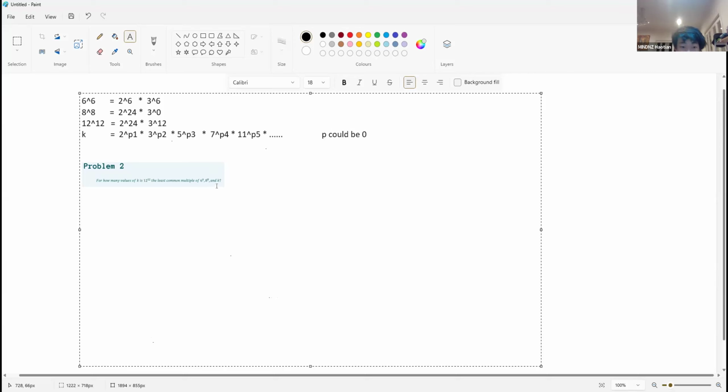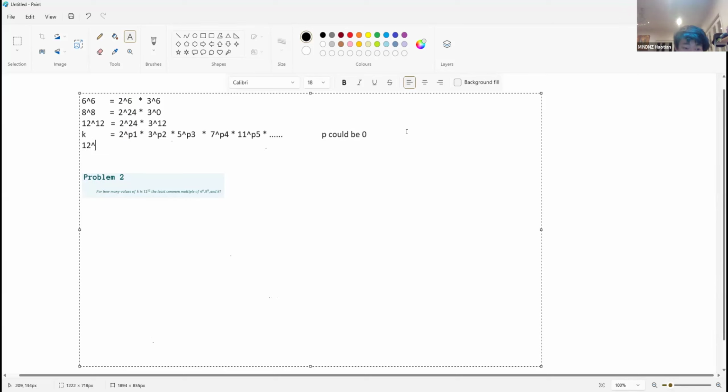And so what is the least common multiple of 6 to the 6, 8 to the 8, and k? For each prime, it would take the highest power among all 3 numbers. Because it has to be divisible by all 3 as a multiple of all 3 numbers, and we also want it to be the least common multiple. So it's at least as big as all 3, and we want it to be as low as possible, so we take the highest of those 3 numbers.